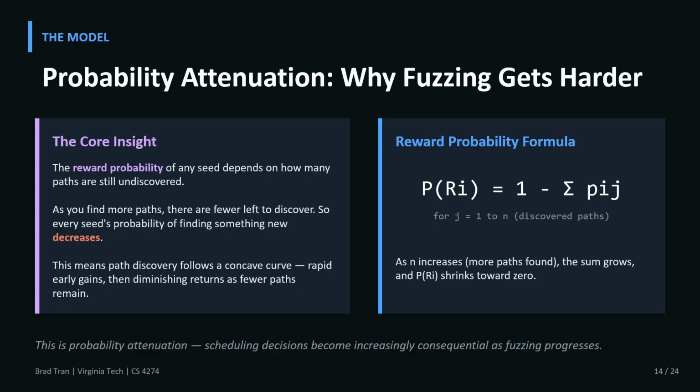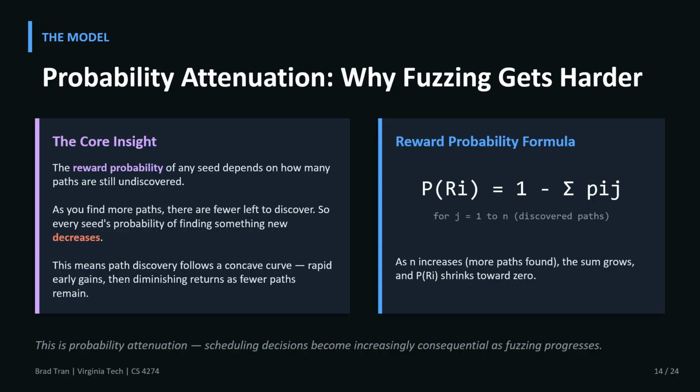Let me formalize probability attenuation because it's central to the model. The reward probability of seed i, given n discovered paths, is P(R_i,n) equals 1 minus the sum of transition probabilities P_ij for all discovered paths j from 1 to n.